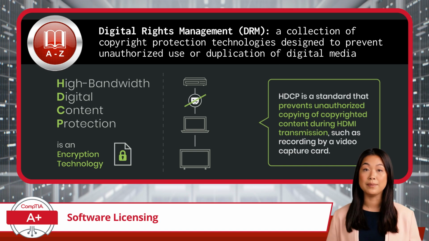HDCP, short for High-bandwidth Digital Content Protection, ensures that content, like movies or TV shows, can only be played on authorized devices, preventing unauthorized copying of copyrighted content during HDMI transmission. Let's say you connect your computer to an external display that doesn't support HDCP. Do this, and you will be greeted with an error, and the content won't play. That's DRM at work, blocking unauthorized access to protect the content.